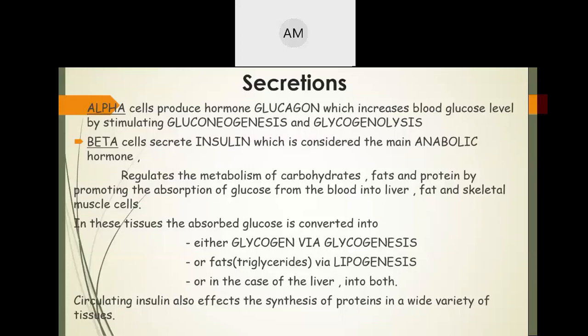It regulates the metabolism of carbohydrates, fats, and proteins by promoting the absorption of glucose from the blood into the liver and skeletal muscles.